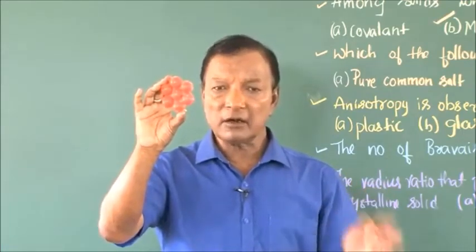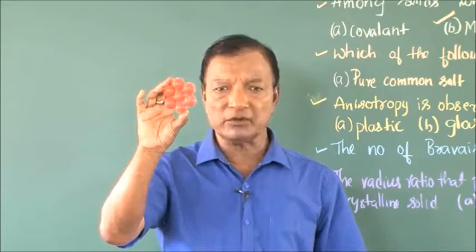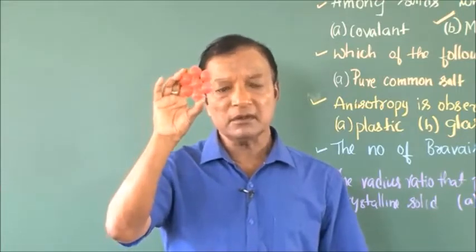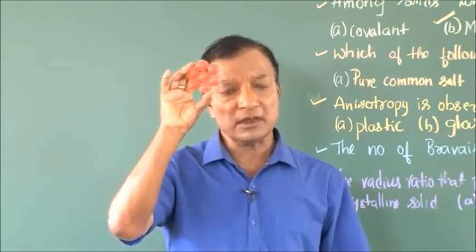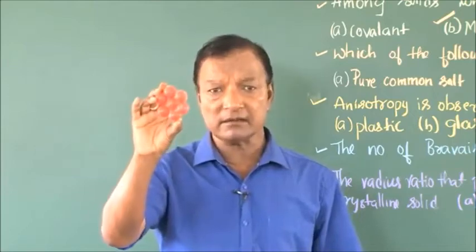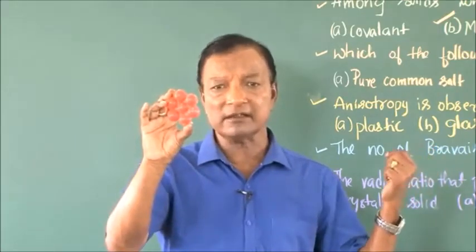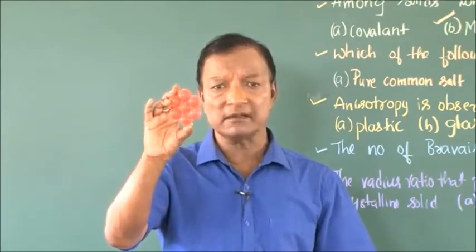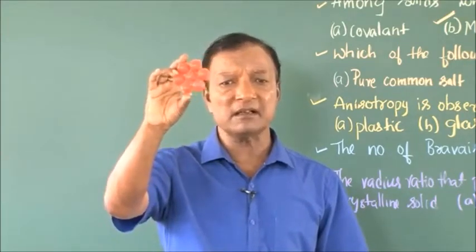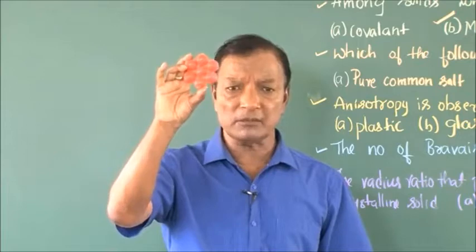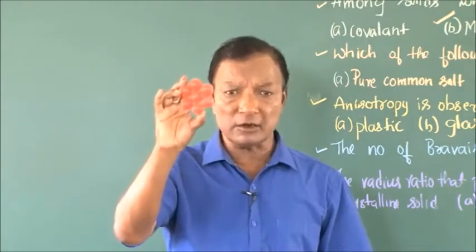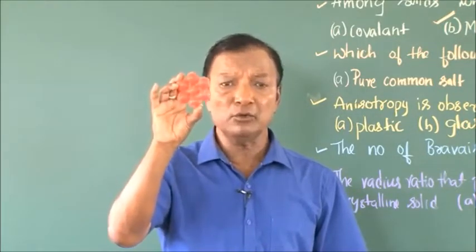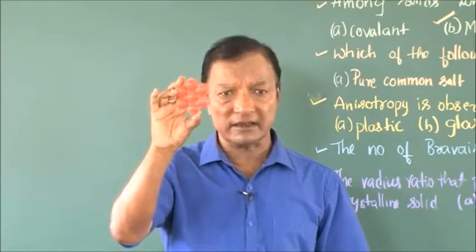In the complexes or coordination compounds, we attribute this coordination number to the number of coordinate bonds. In the crystalline solids, we go for the number of nearest neighbors. The number of nearest neighbors is 6 here, and the coordination number is 6, and this is controlled by the value we call the radius ratio.